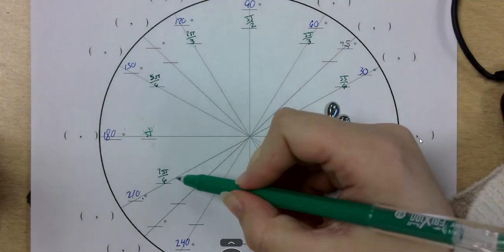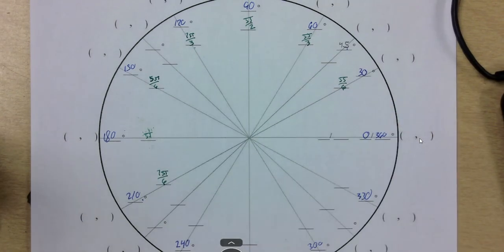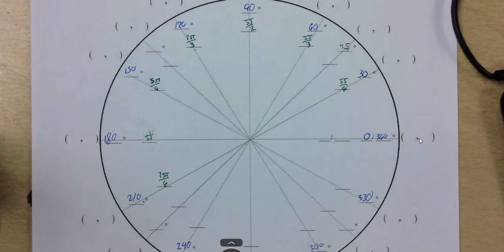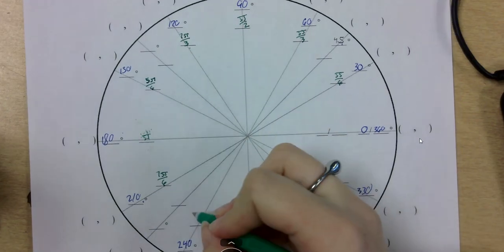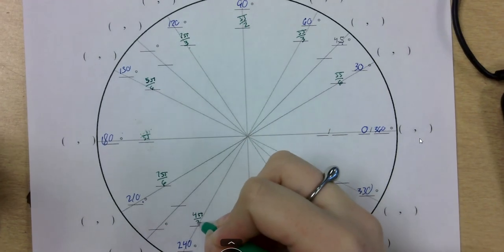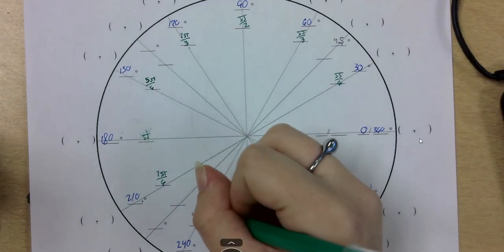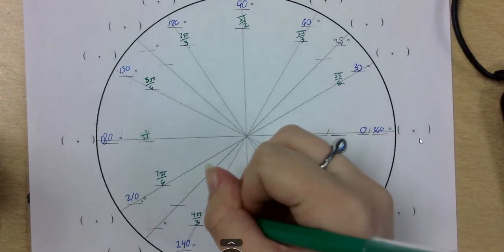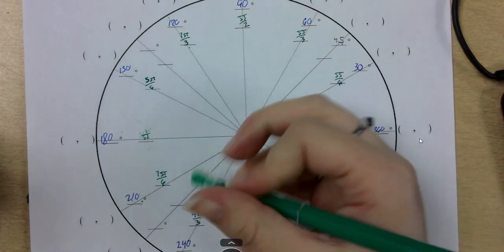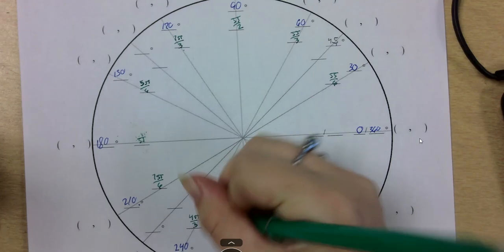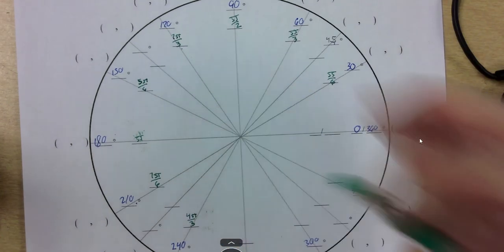Natalia, if I went another 30 degrees, how much will my radians be? Yeah, 4 pi thirds. Which, if I wrote that with a denominator of 6, would be 8 pi 6. We're just simplifying it each time. Okay, another 30 degrees. Amy, what would it be?